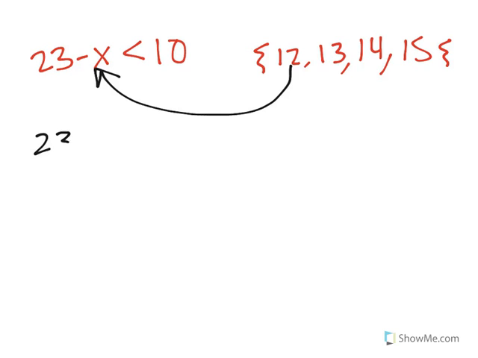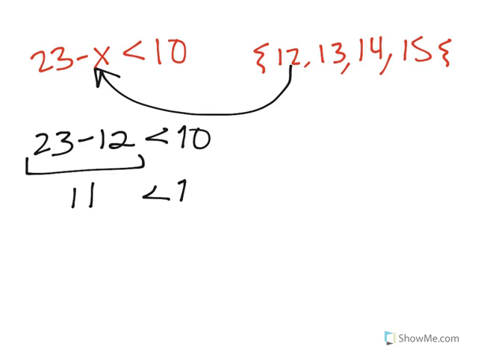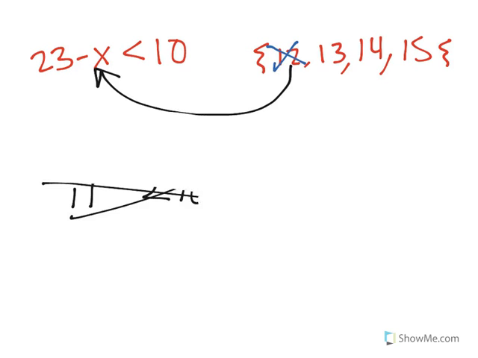So 23 minus 12, and we want to see if that is less than 10. Well, 23 minus 12 is equal to 11, and that is not less than 10. So 12 cannot be a solution.